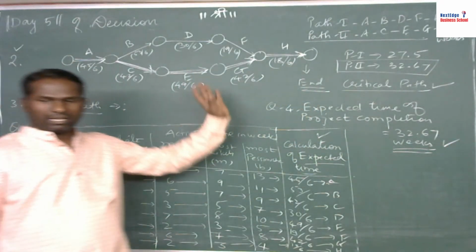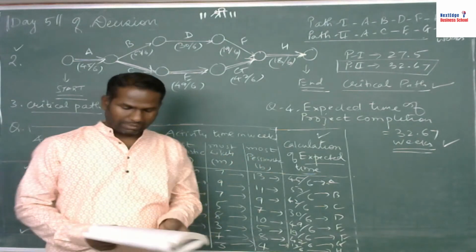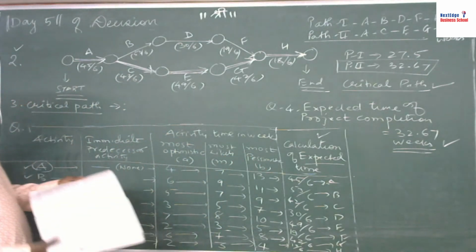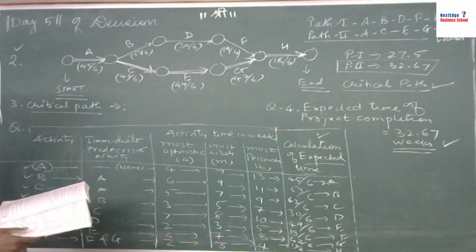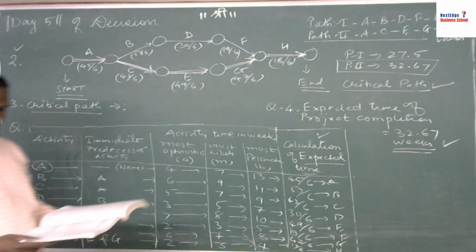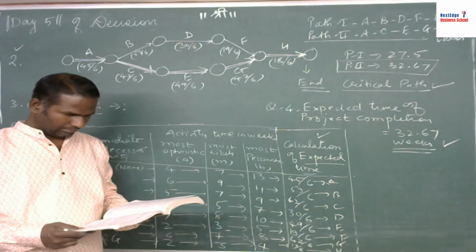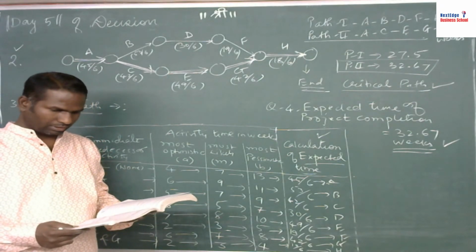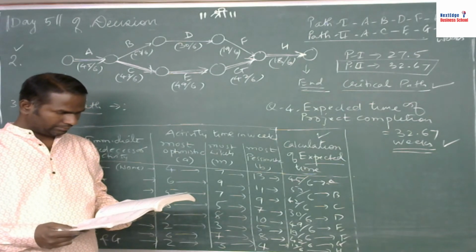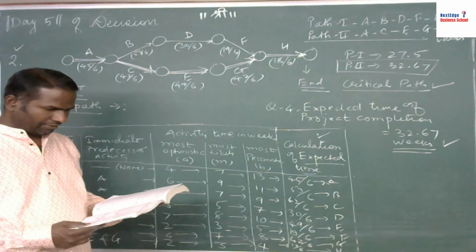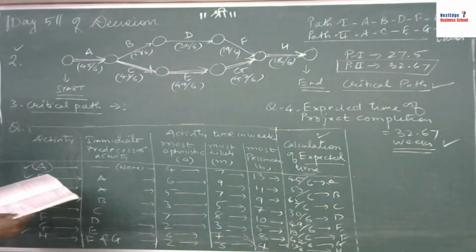But sometimes they can ask you two more questions. Sometimes they will ask you to calculate the variance, and sometimes they will also ask you to calculate the standard deviation. So let us see how these values can be calculated.